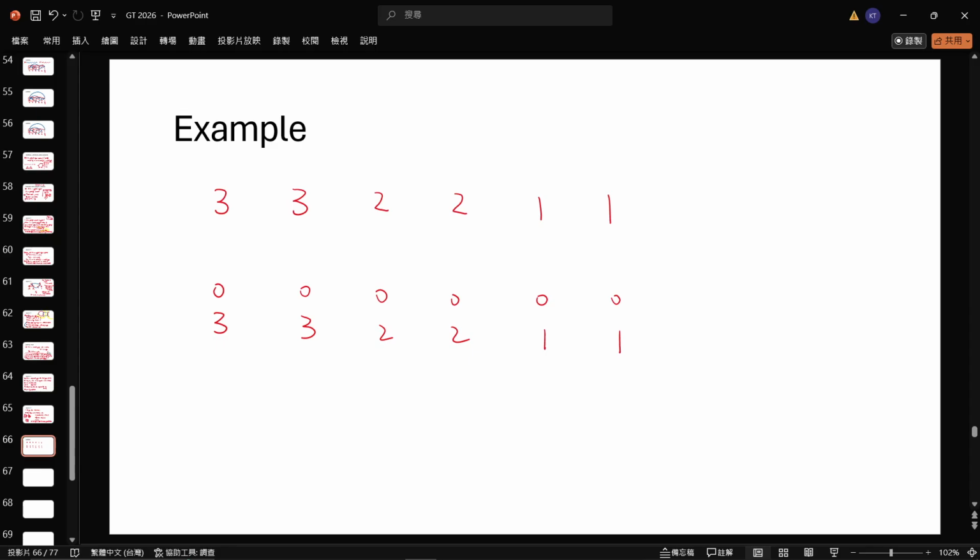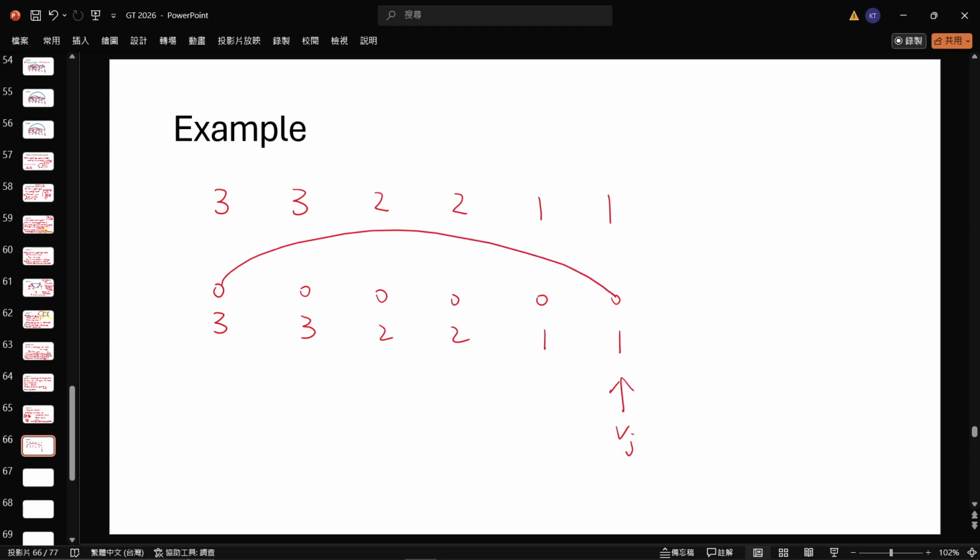Okay, so step A, let's choose this one with degree 1, okay? So because the degree is 1, we have to find one neighbor, okay? But step B specifically tells us that we have to choose this guy, which has the largest degree, sorry.